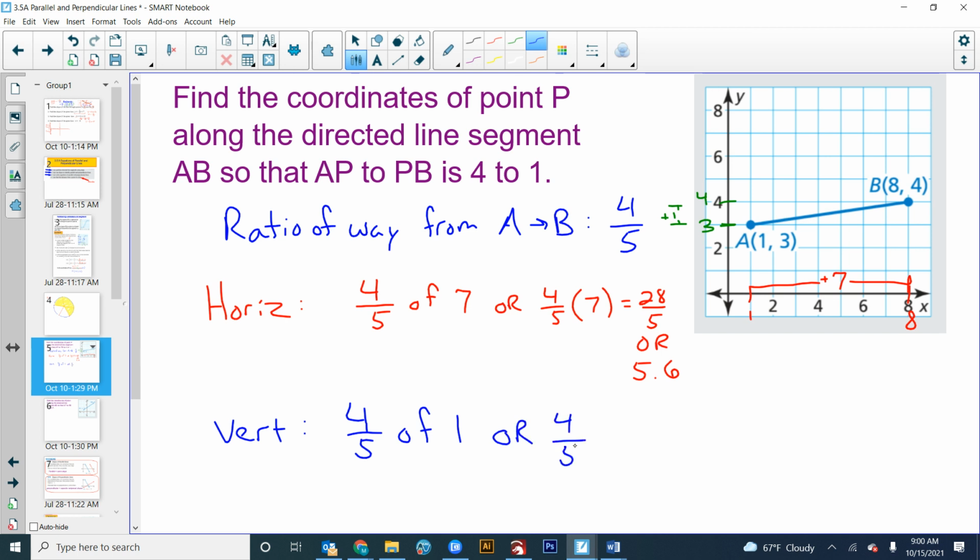Remember, when you're taking 4/5 of something, it's like multiplication. What's 4/5 of 1? 4/5? Or is it decimal? 0.8.